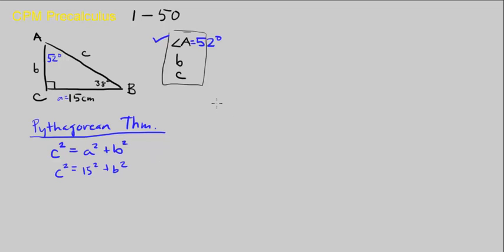So what we can do is use our trigonometric functions. That's sine, cosine, tangent, and we know SOHCAHTOA. SOHCAHTOA is how the function sine is related to the opposite over hypotenuse side of the triangle and so forth. We can use any one of these angles, 52 degrees or 38, not 90, as our reference angle.